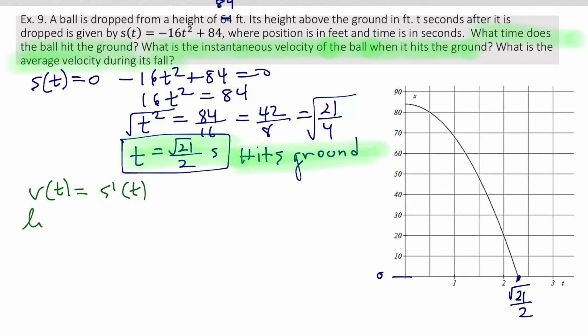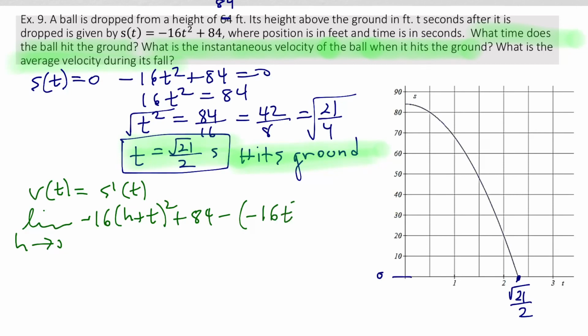So that's the limit as h approaches 0 of the function with t plus h substituted in, negative 16 times (t plus h) squared plus 84, minus the function itself, which is negative 16t squared plus 84, all over h.